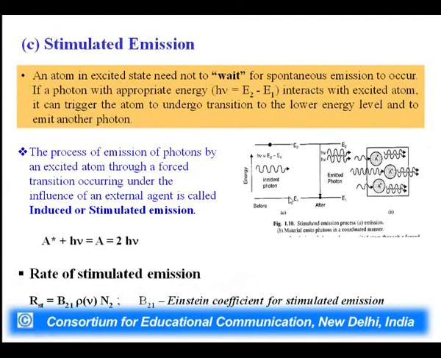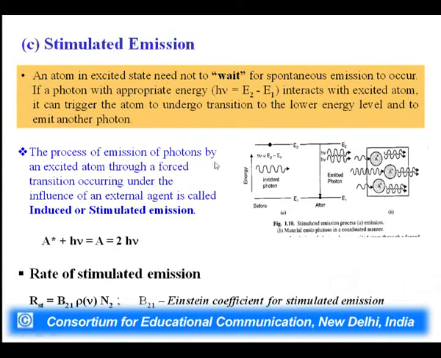In the diagram we can see this is energy level E1 and this is energy level E2. The atoms are in the higher state, and at this state stimulation of the atom takes place and the atom jumps to the lower state and emits photons, not a single one but two photons of energy, and they are all in phase.